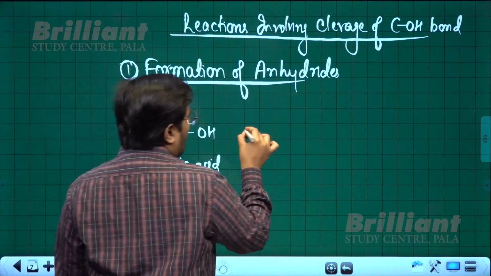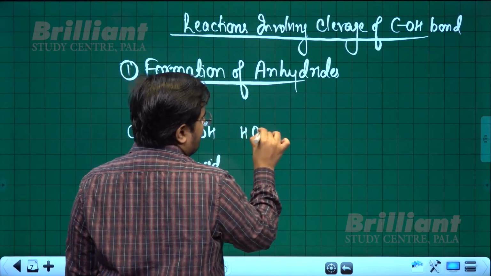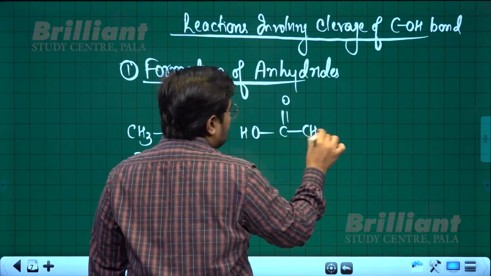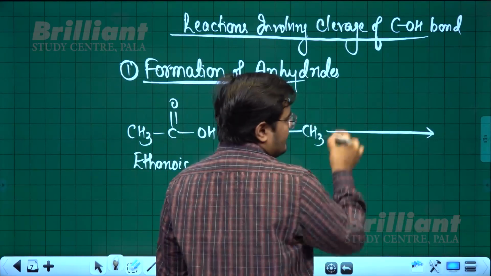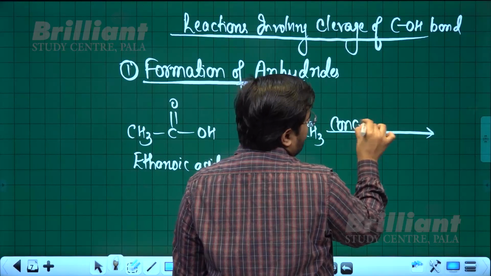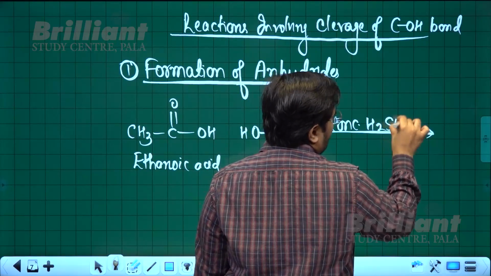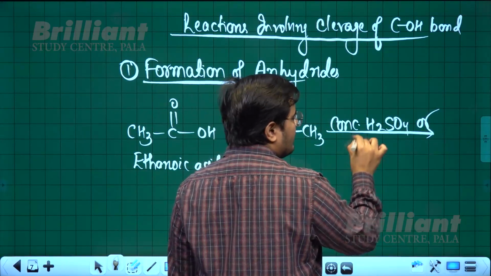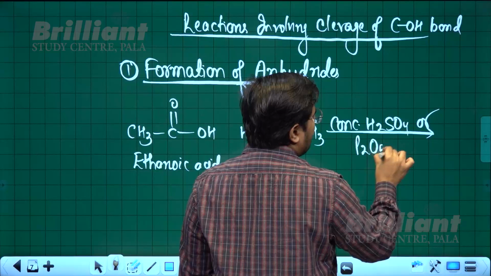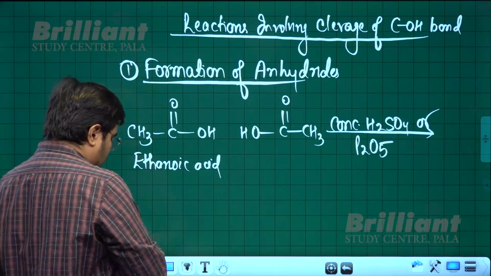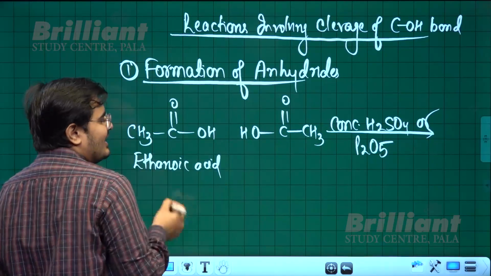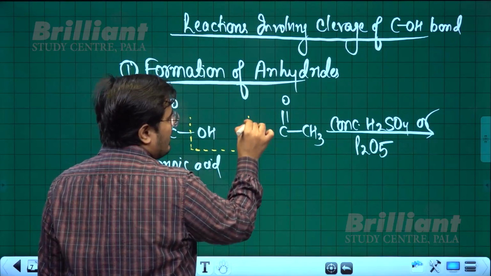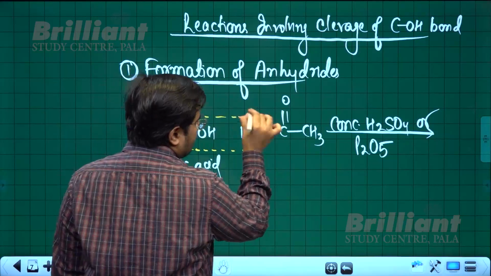If two molecules of ethanoic acid are heated together using dehydrating agents, which can be concentrated H2SO4, or for dehydration, that means removal of water, you can also use phosphorus pentoxide. It is going to remove a molecule of water and cause dehydration.